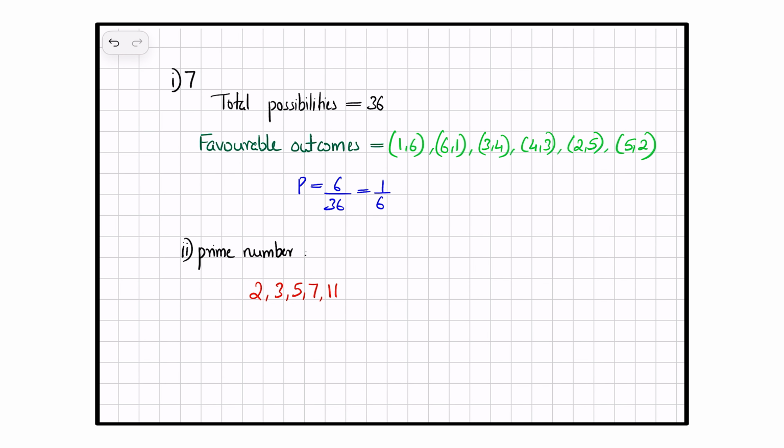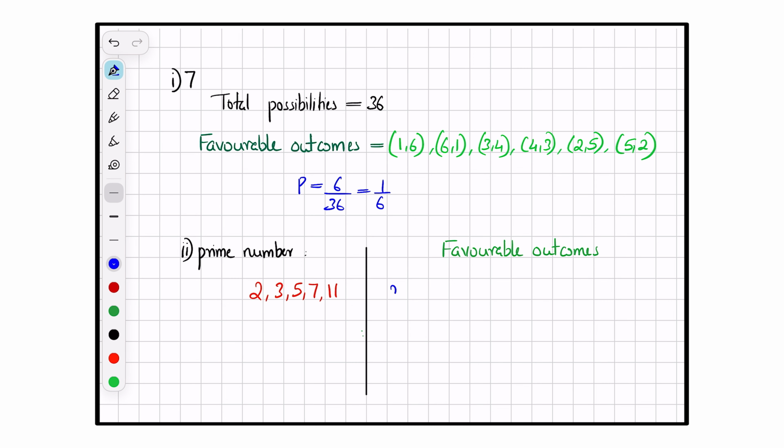Now we will see what the favorable outcomes are. To get 2, we need 1 comma 1, that's the only possibility. To get 3, we can have 1 comma 2 or 2 comma 1, both are possible. To get 5, what are the possibilities?